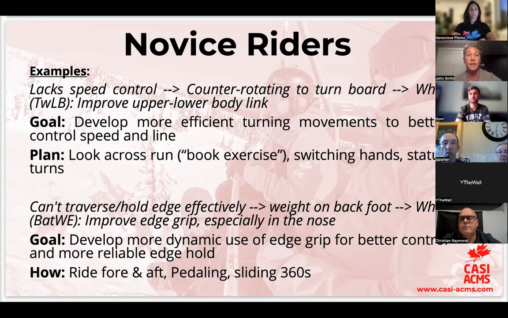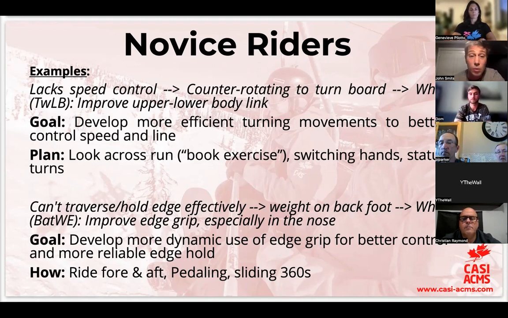And the plan we have for this student is just looking across the run between the turns, or this is just an exercise Dom has named just the book exercise. Pretend you're reading a book over the nose of your snowboard as you're going across the hill, just to square the students up and get them moving in the right direction.